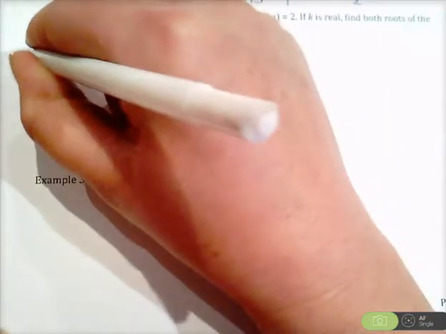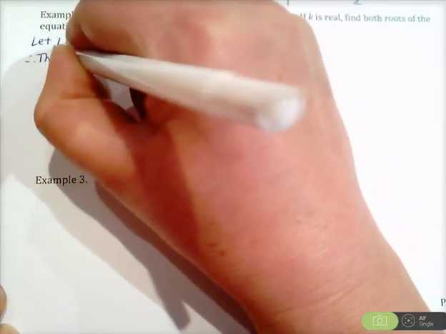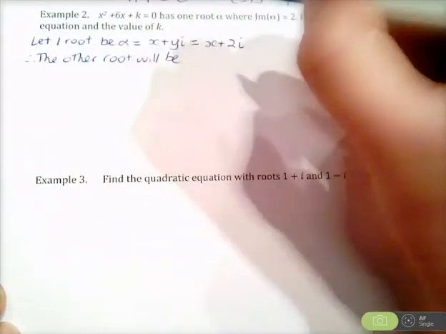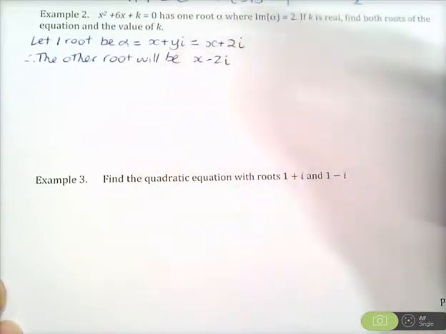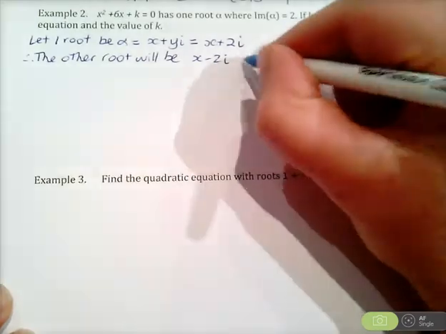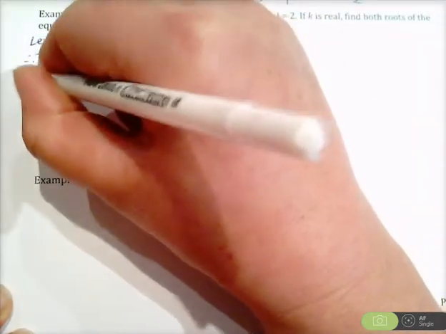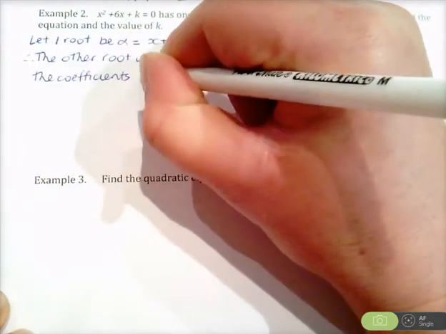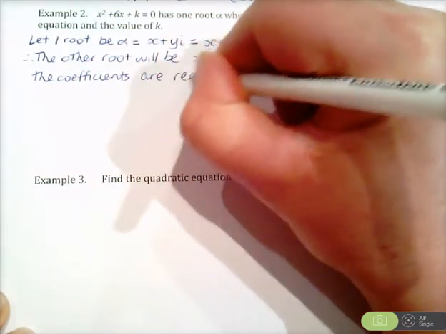Therefore, the other root will be x minus 2i, as the coefficients of your quadratic equation are real.